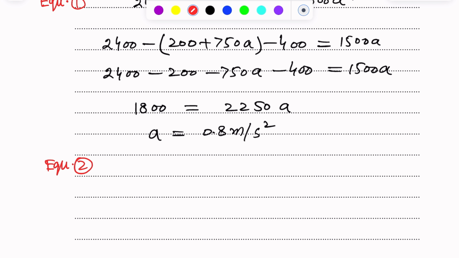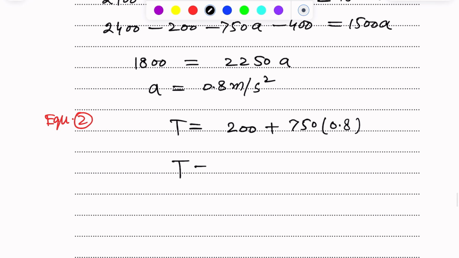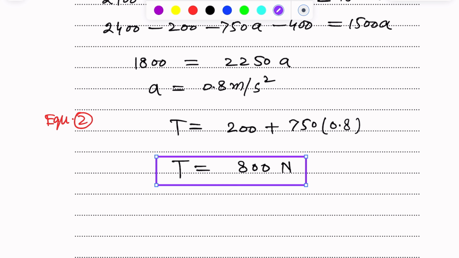From equation number 2, T will be 200 plus MA, where m is 750 and A is 0.8. After calculation, we get tension is equal to 800 Newton. This is the answer. This is the tension and this is the acceleration.